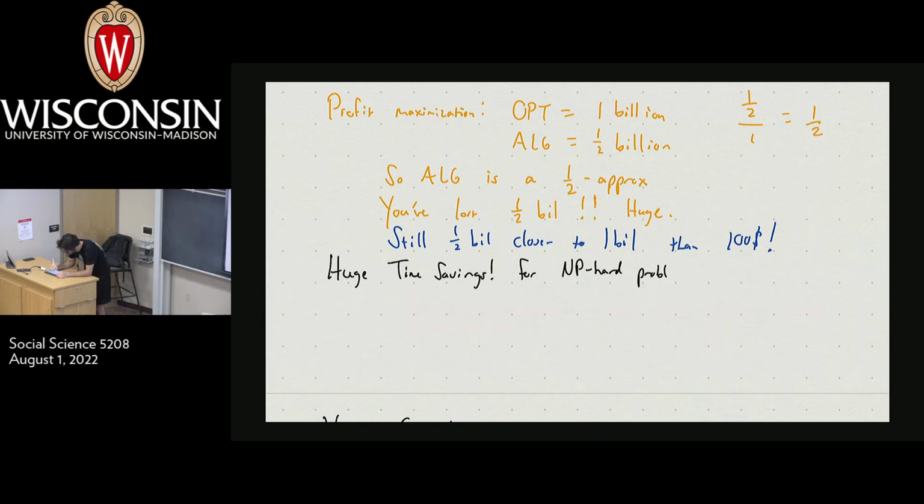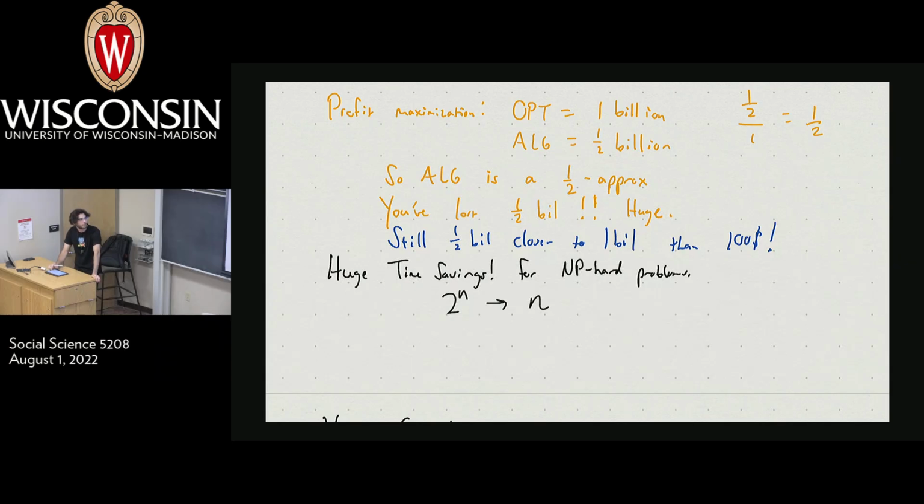So you can use approximation algorithms for any problem and make it faster, but it's gigantic when you're looking at an NP-hard problem, because you're going from an algorithm that's probably exponential time down to something even linear. So it's just a massive improvement.